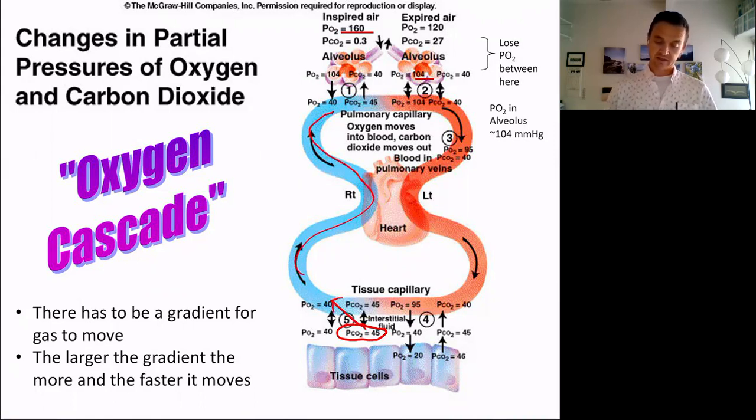And now we've got, sorry, that's the wrong one. I switched over to the oxygen one. Inside here, it's a little bit higher, right? It's 46, so we go from 46 to 45. And then that 45 is going to bring us back up. 45 here, only 40 in the alveoli, so it's going to allow CO2 to diffuse across. Okay, so there's got to be a gradient for the gases to move, both oxygen and CO2.